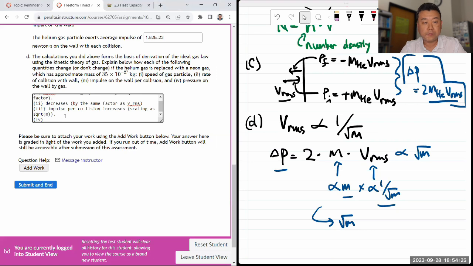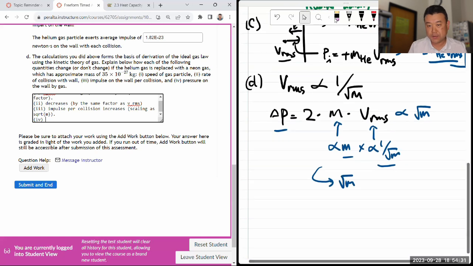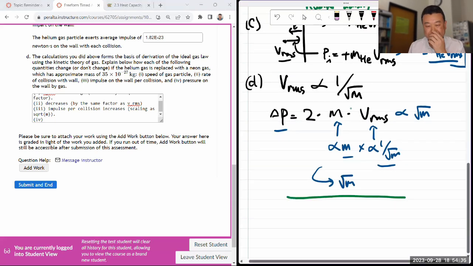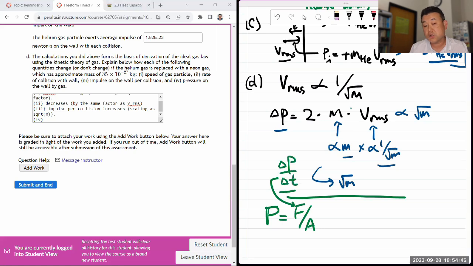Finally, pressure on the wall by the gas. Oh yeah, so this is the thing. In working out the pressure, what you will have seen in the lecture and what you could have done here is, pressure is force per area. And force in mechanics is defined as the rate of change of momentum. So you have 1 over area, which is going to be constant for the purpose of our description.